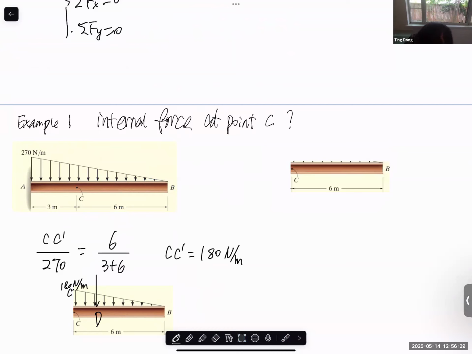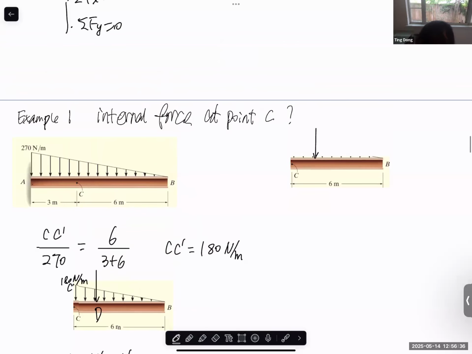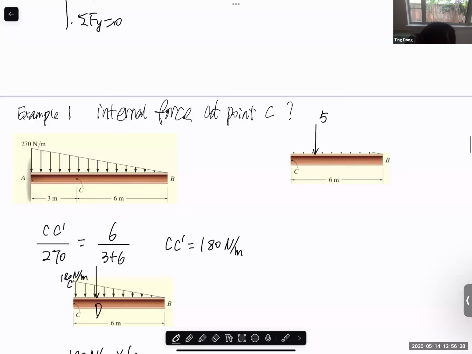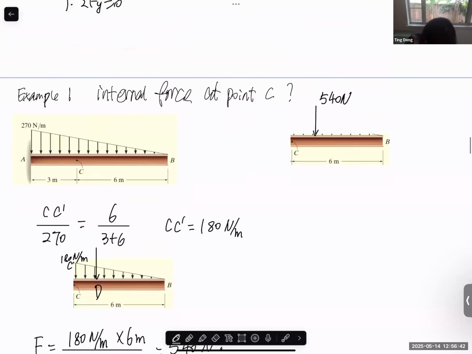So now let's assume that we have the equivalent concentrated force. This is 540 Newton and this is 2 meter.